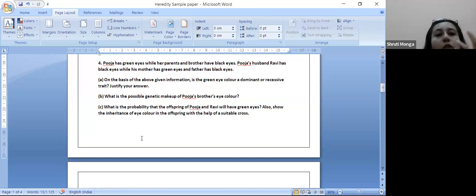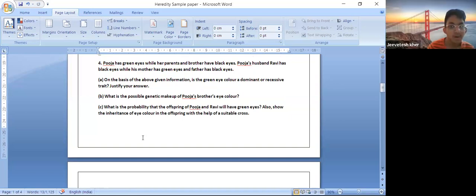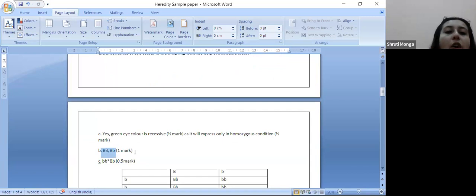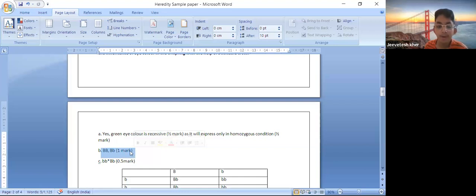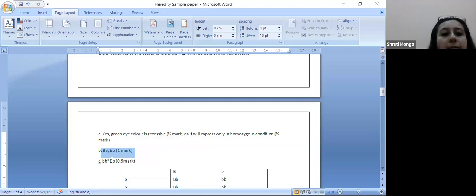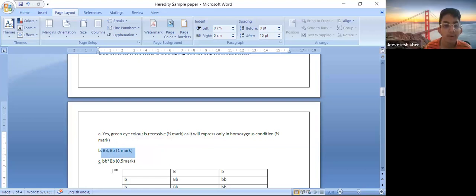So the possible genotype for Pooja's brother's eyes could be either capital B capital B or capital B small b.